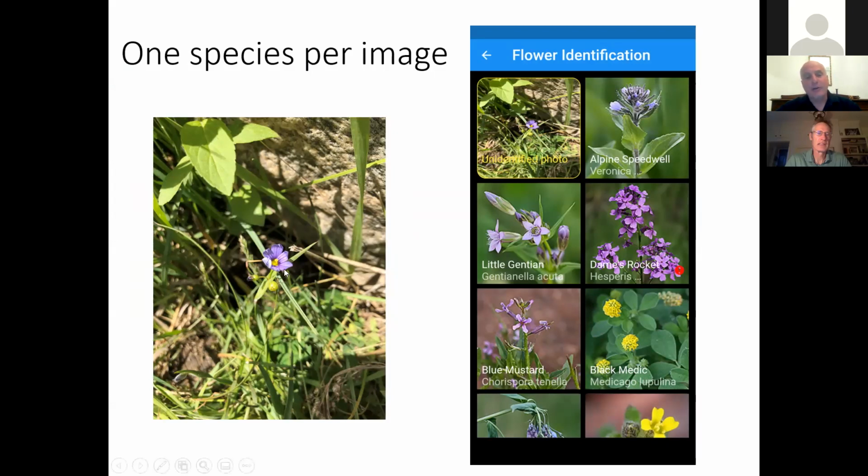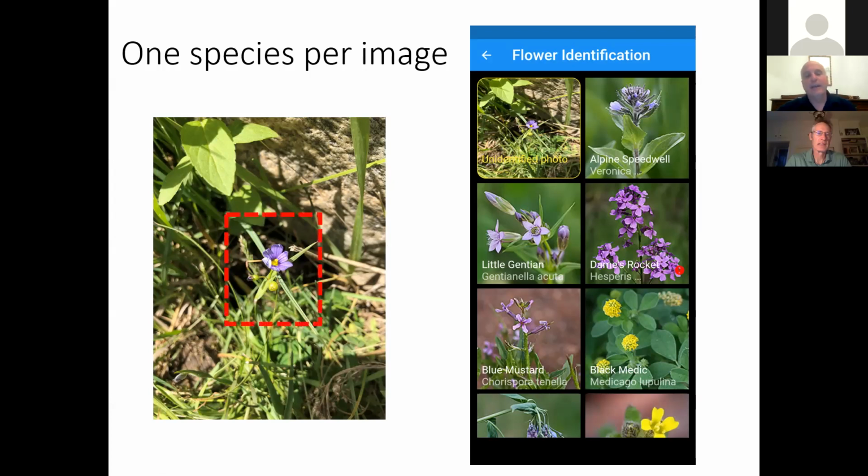You've also got a flower here that's purple and yellow that's in focus, and you've got leaves from another plant that are in focus. And if you look at what it predicted, it's the wrong species, obviously, but it has purple flowers with leaves that are somewhat similar to this leaf. And so by being far away, it picked something that was completely wrong based on the information we gave it, because we gave it some extraneous information.